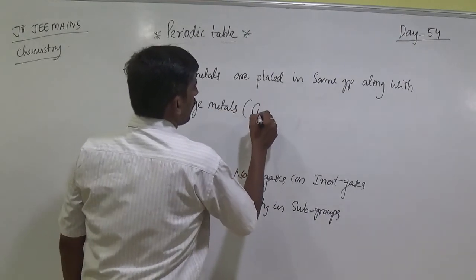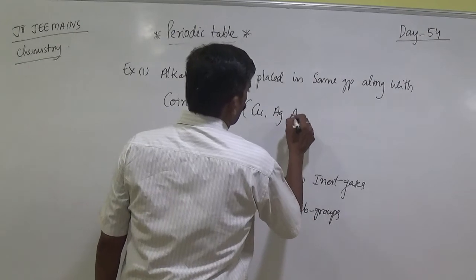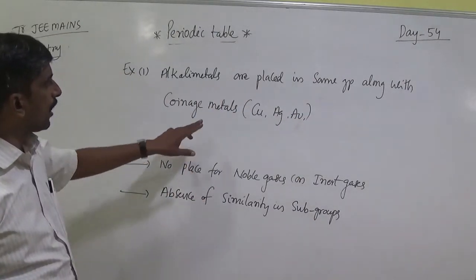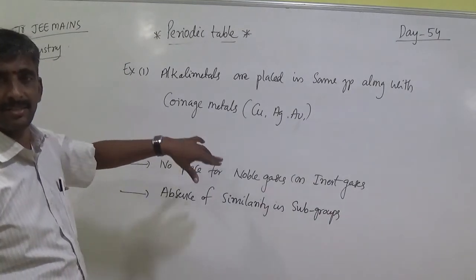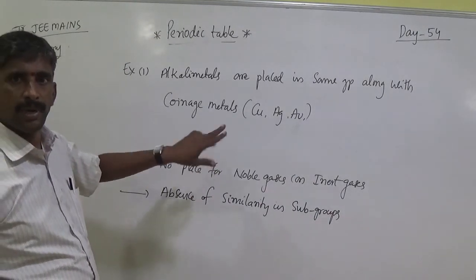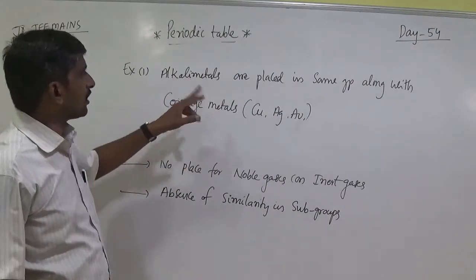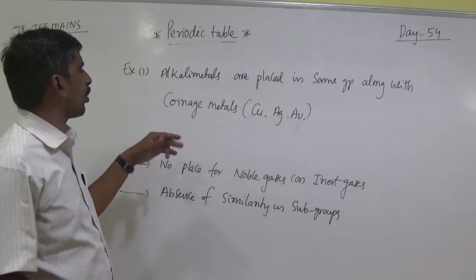Coinage metals means copper, silver and gold. Copper, silver, gold coinage metals are placed along with alkali metals in the same group.